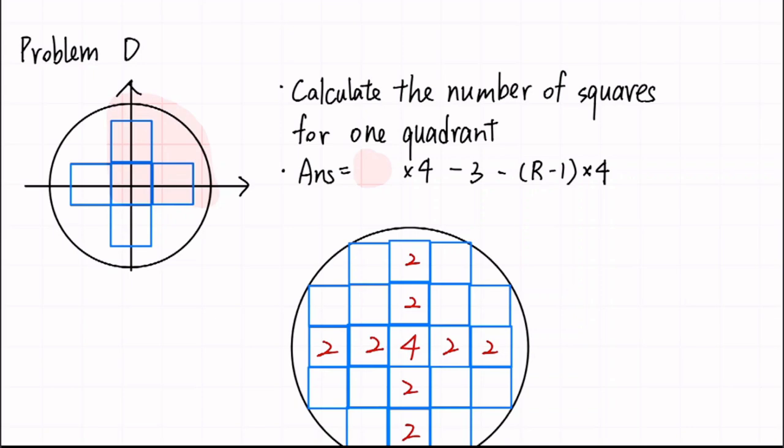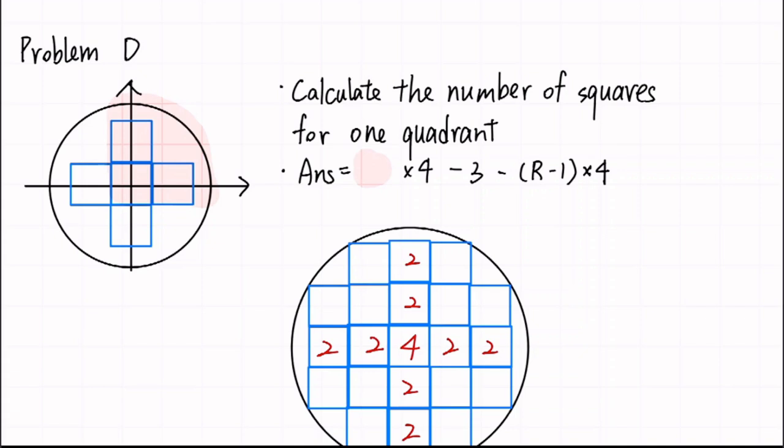So for this problem, let's first look at the first sample when the radius is 2. And in this case, we can enclose 5 squares inside this circle. And so we realize that since this is symmetric, we can just calculate the number of squares for the first quadrant, which is highlighted in pink.